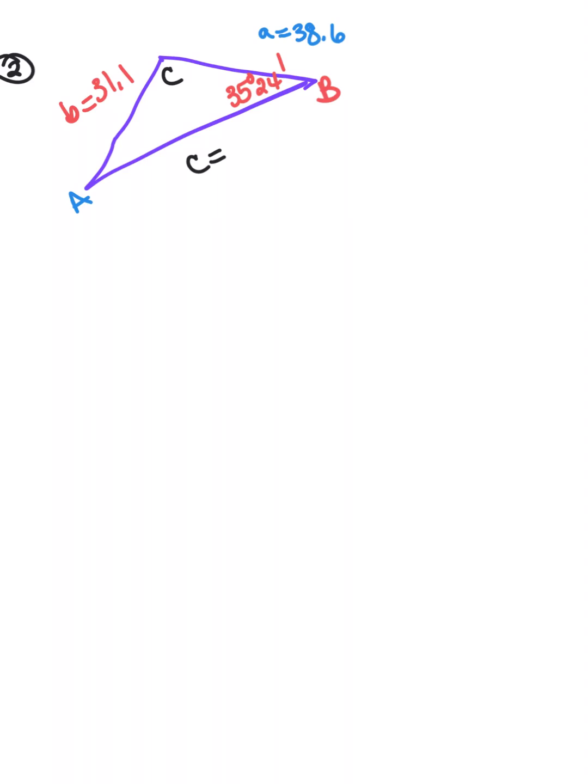So here we have basically a side-side angle. And whenever we have that situation, we might have two triangles, one triangle, or no triangle. So first we're going to start by solving for angle A. So we have sine of A over side A, which is 38.6.